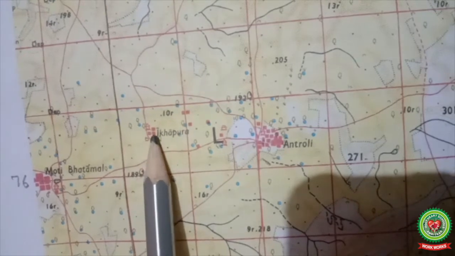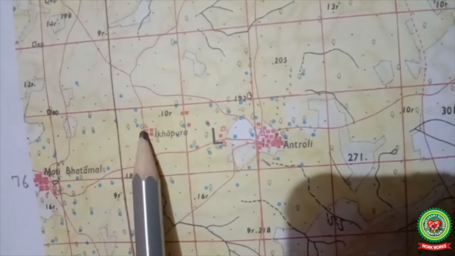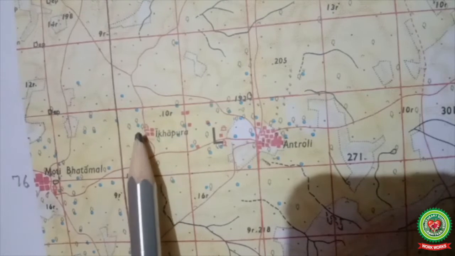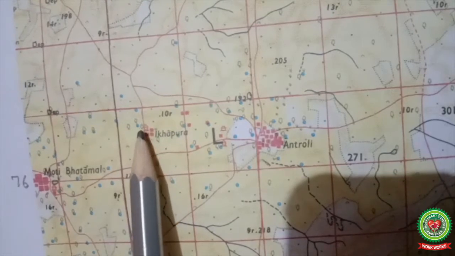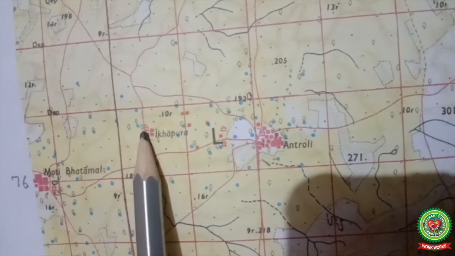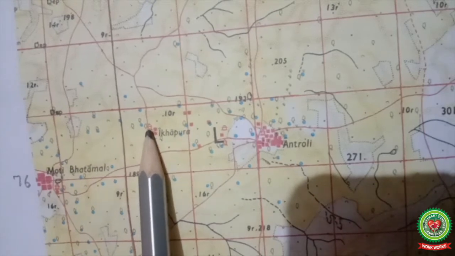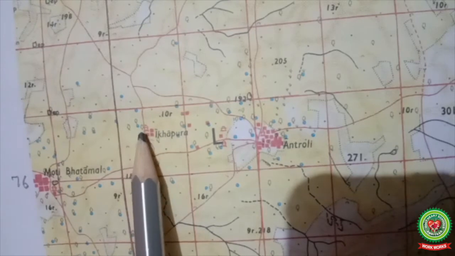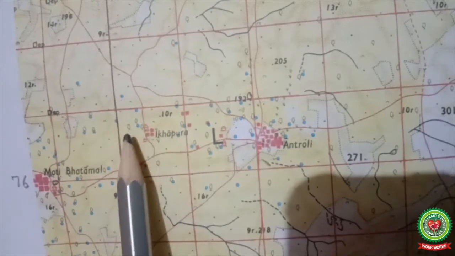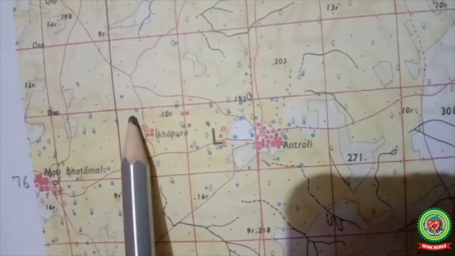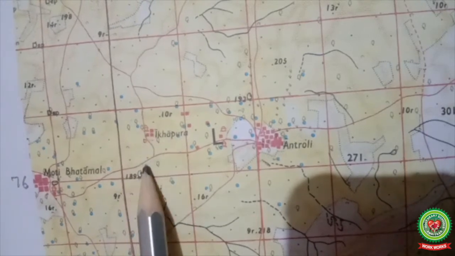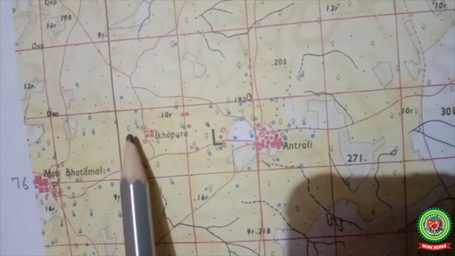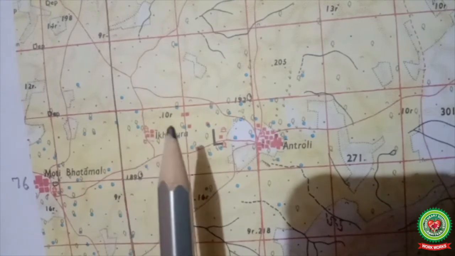They are also man-made. Then we have a temple here with a dome shape at the top and a line in the center indicating that this is a temple. It is also a man-made feature. Then we have here blue dots indicating perennial lined wells, a man-made feature again.